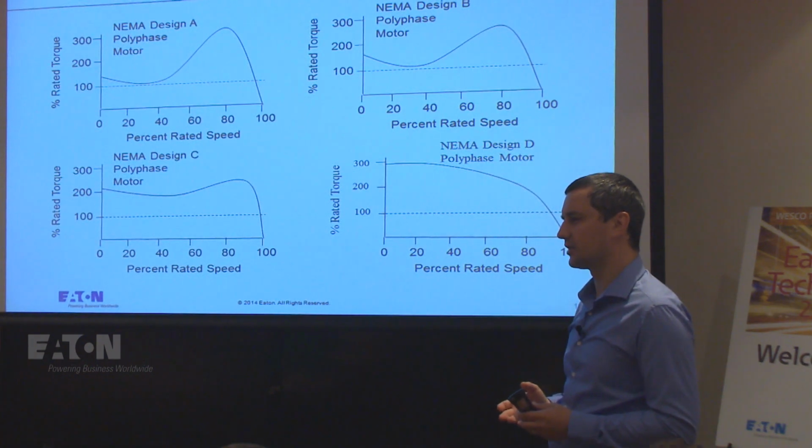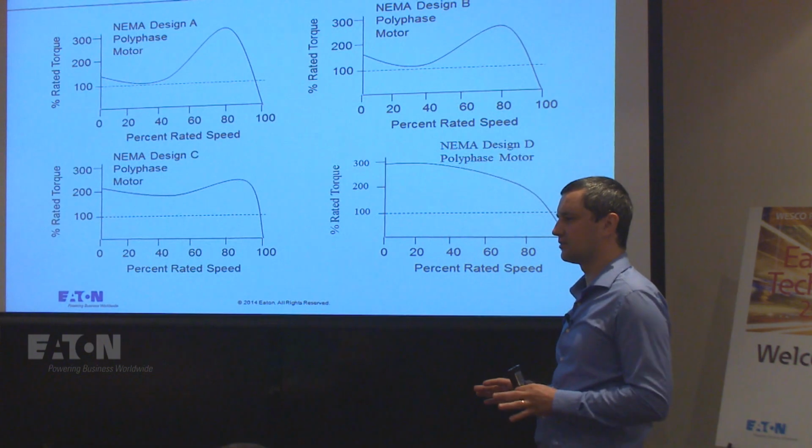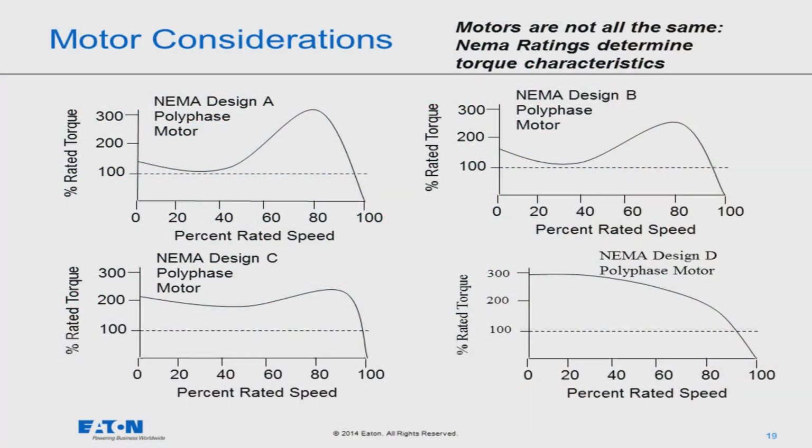Which motor do you think will handle that situation better without having a VFD? D. That's correct, okay? But D is really expensive. It's, I think, about 2 or 3 times more expensive than a NEMA B. So it's not a very good solution in most of the applications.